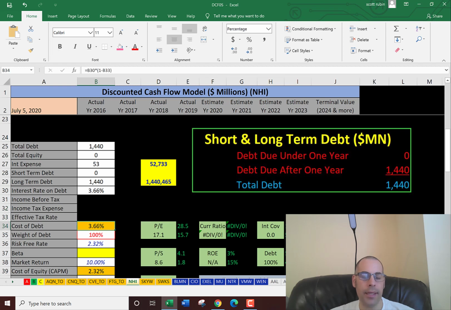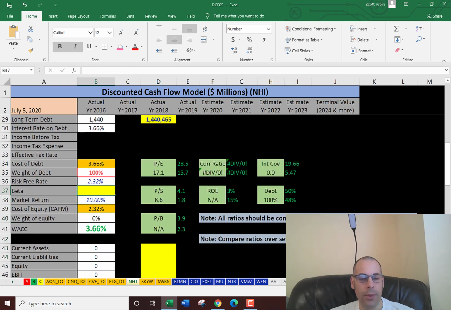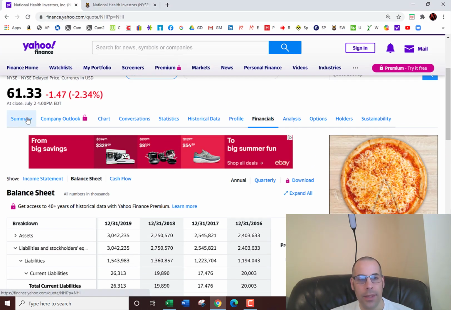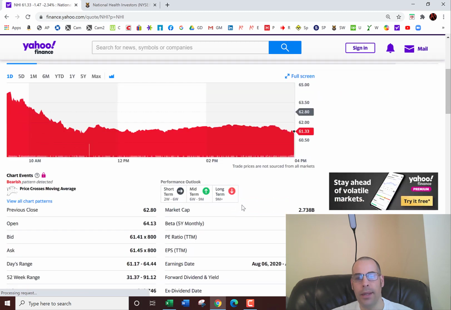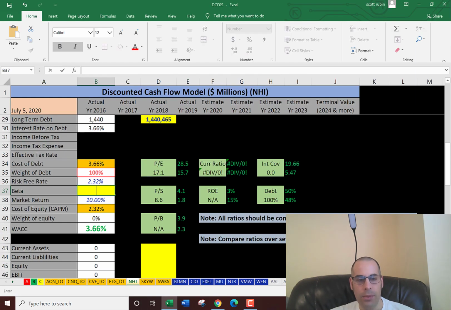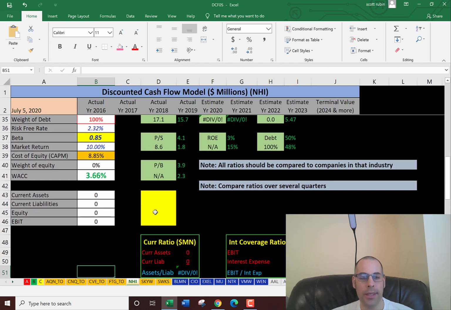So the cost of debt is 3.7%. And to figure out the cost of equity, we need the beta. The beta is how volatile the stock moves relative to the market. So they have a beta of 0.85. So that means the stock moves less than the market. It's not as volatile, which means the weighted average cost of capital, or the discount rate, will be lower.